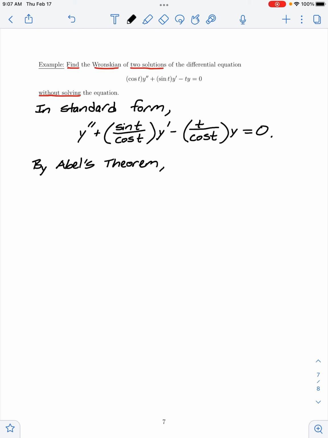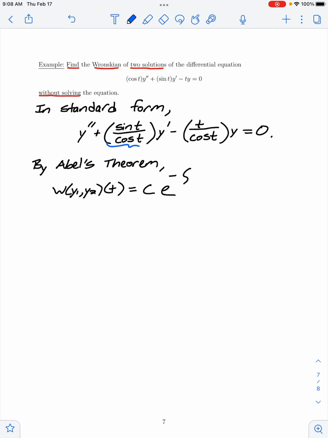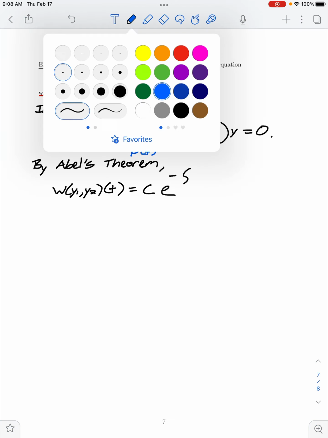Using Abel's theorem, we know that the Wronskian for a set of solutions, y1 and y2, of this equation, which would be functions of t, has the form some constant c times e raised to the negative integral of p of t. And looking at our equation in standard form, we see that the function p of t is this sine t divided by cosine t.